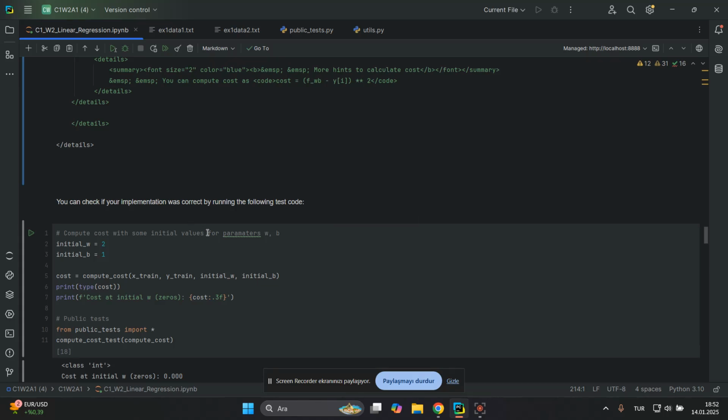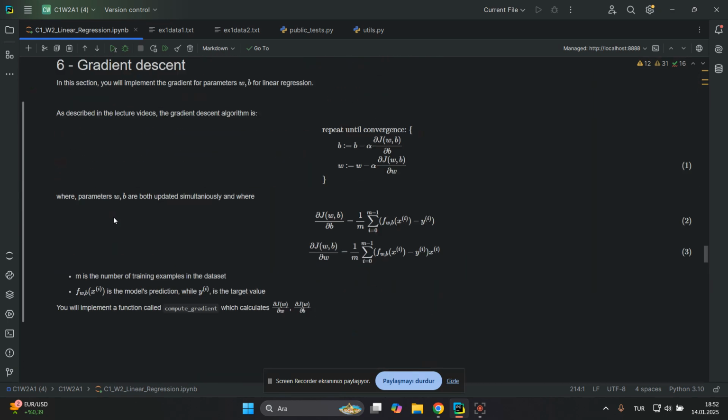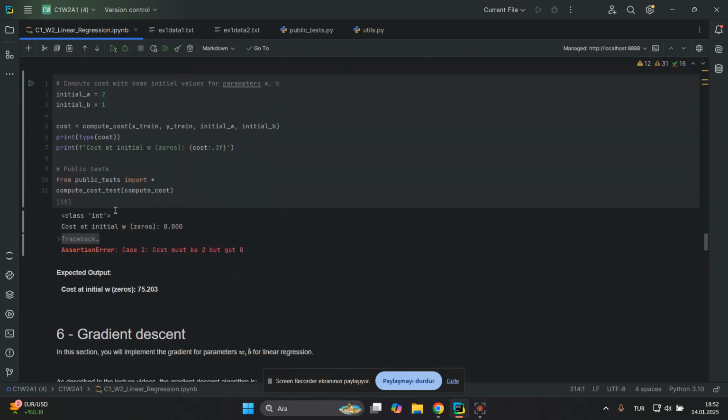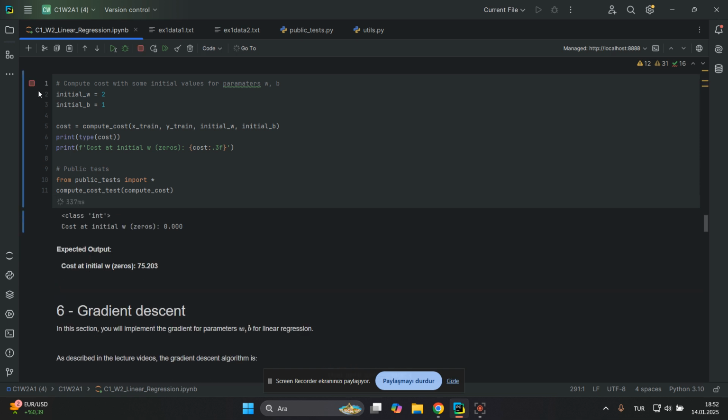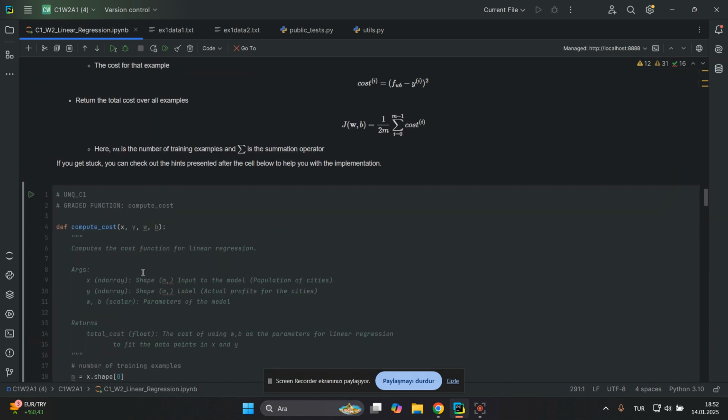We can check the implementation is correct by running the following test code. And these are errors because I haven't changed anything. These are hints actually.